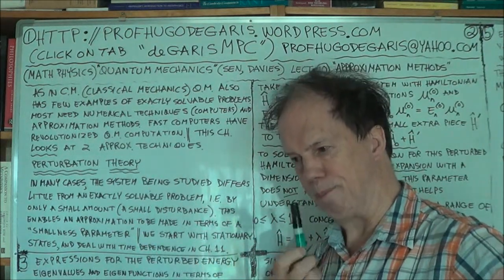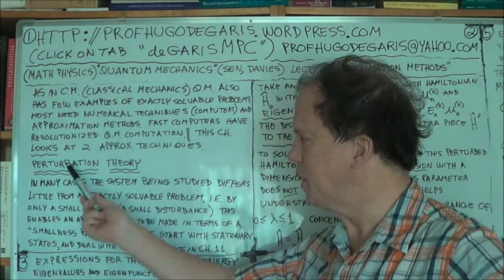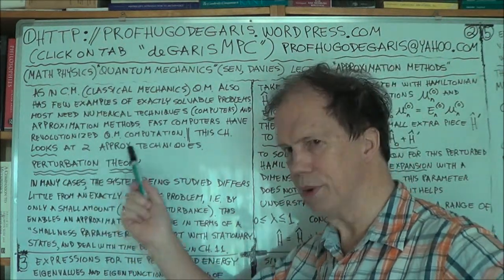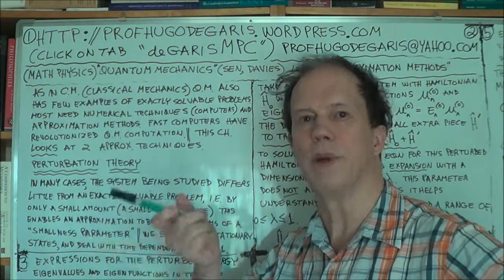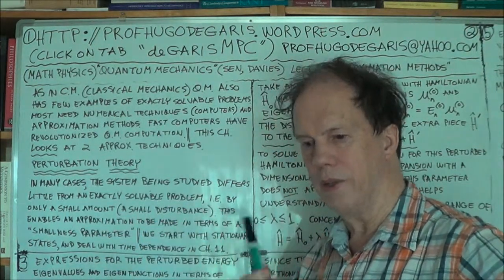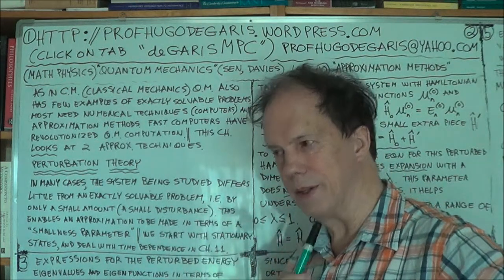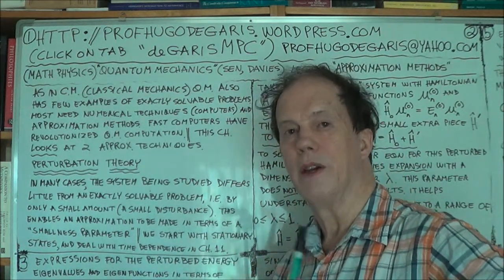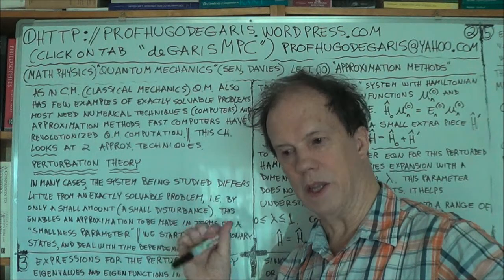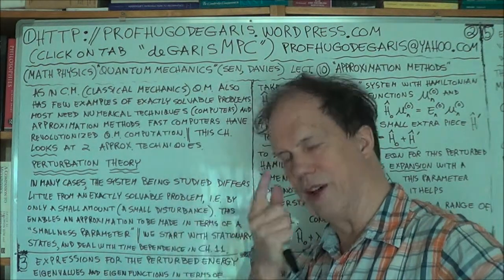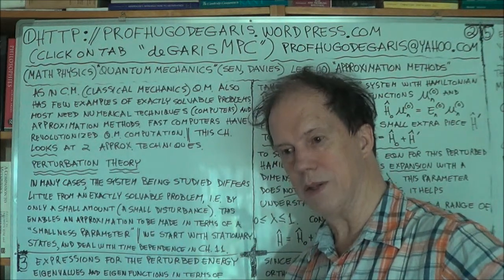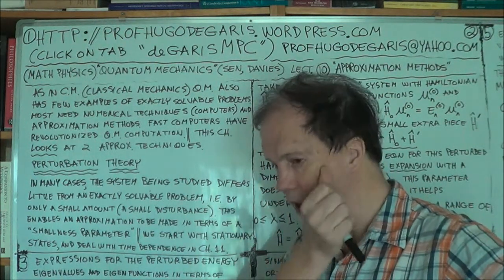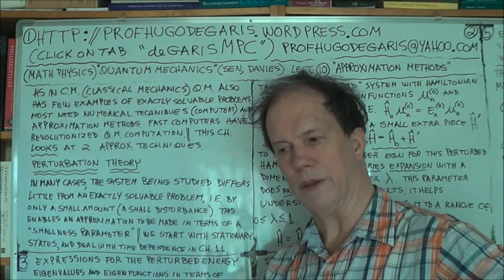So the basic idea of perturbation theory is that you perturb, in other words, modify or change or disturb a little, that problem that does have exact solutions, and then you tweak it, you modify it slightly. And in practice, what does that mean? It usually means you take the problem that you're concerned with.